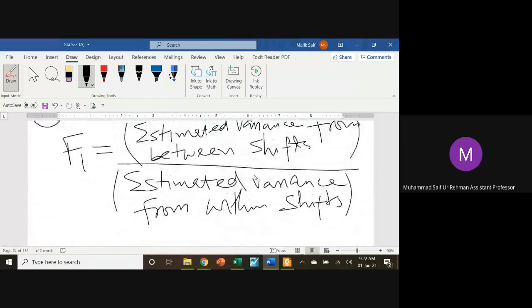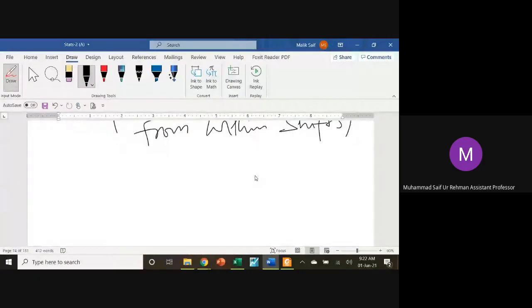So this will be your F1 that you will write down in this step, and the next is F2. And for F2, sorry, for F2, again you will write down estimated variance.